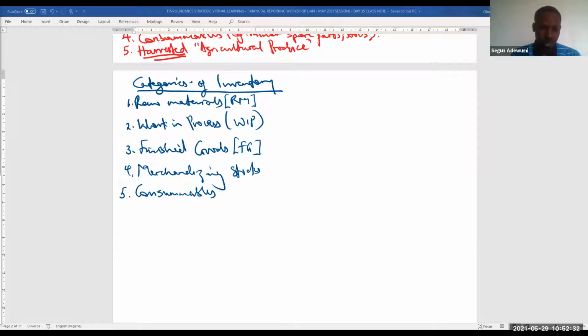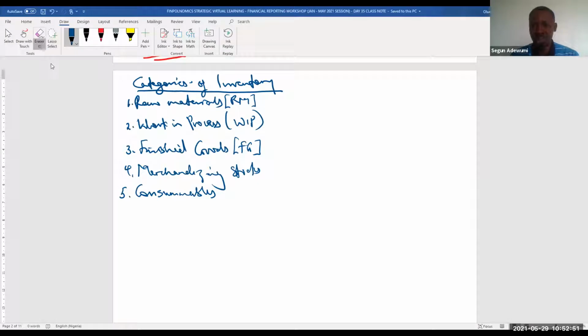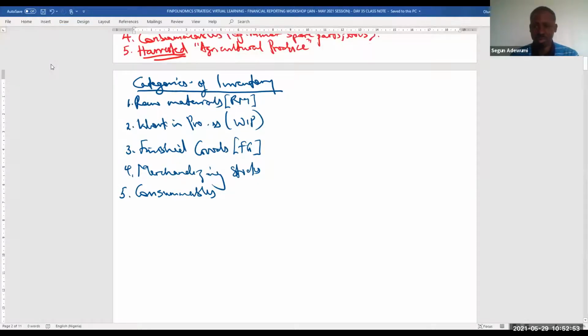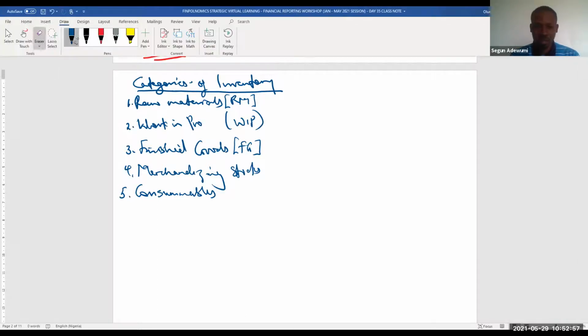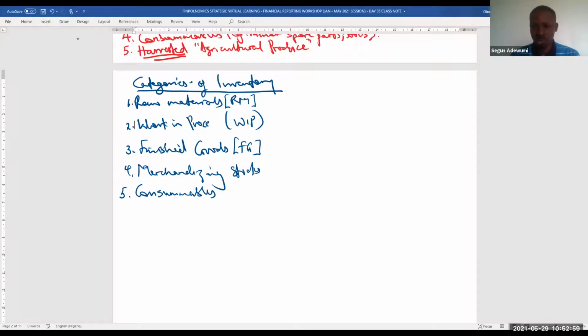Consumables are items that you use on a daily basis within your organization, which are not necessarily related to the previous four items that I mentioned. For instance, consumables could be toiletries and whatever that are not really related to the business activities.